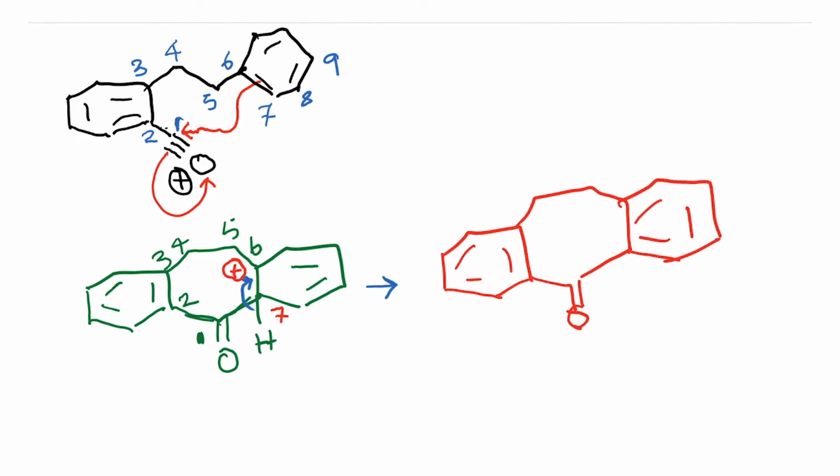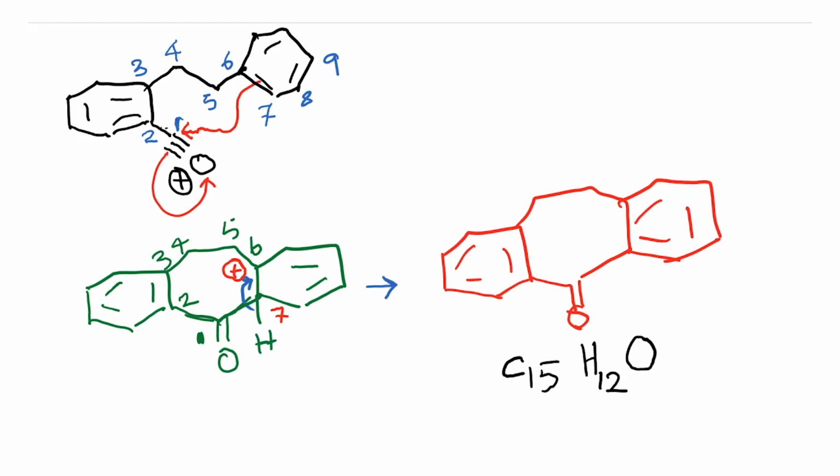Okay, so now let's count the number of carbons. So you have 1, 2, 3, 4, 5, 6, 7, 8, 9, 10, 11, 12, 13, 14, 15. So C15H, 1, 2, 3, 4, 5, 6, 7, 8, 9, 10, 11, 12, H12, and oxygen.